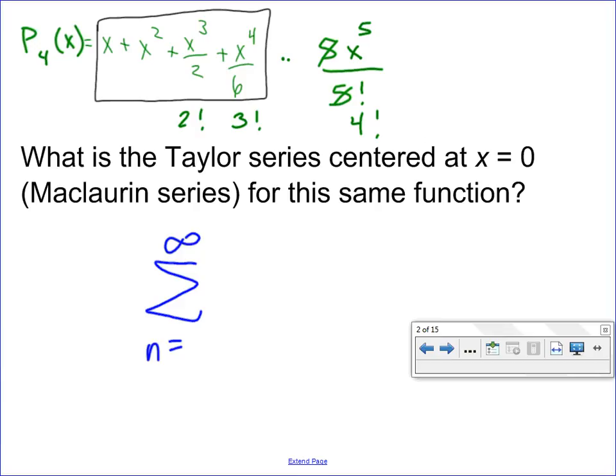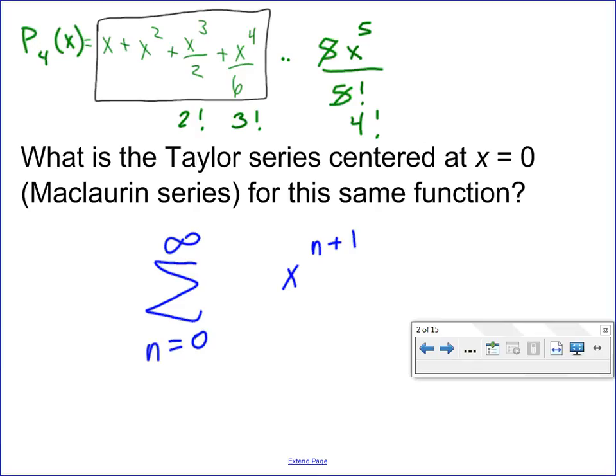So do you guys want to start with 0 as my index start value or 1? Okay, so we'll start with 0. We know then that my first term is x to the n plus 1. If my first term is x to the first when I plug in 0, then I need n plus 1 to make that work.